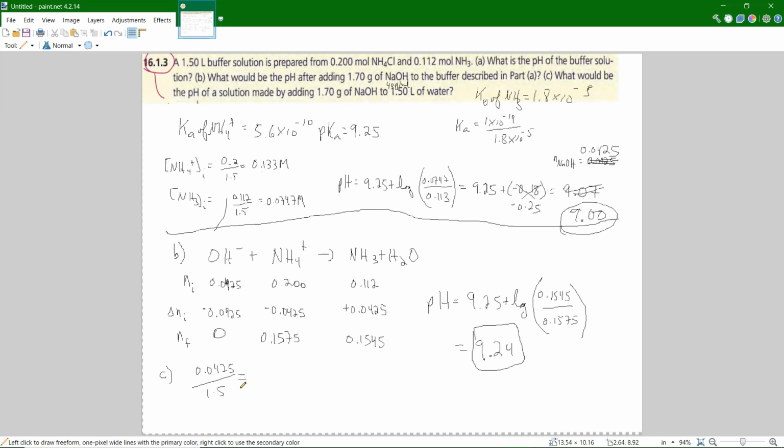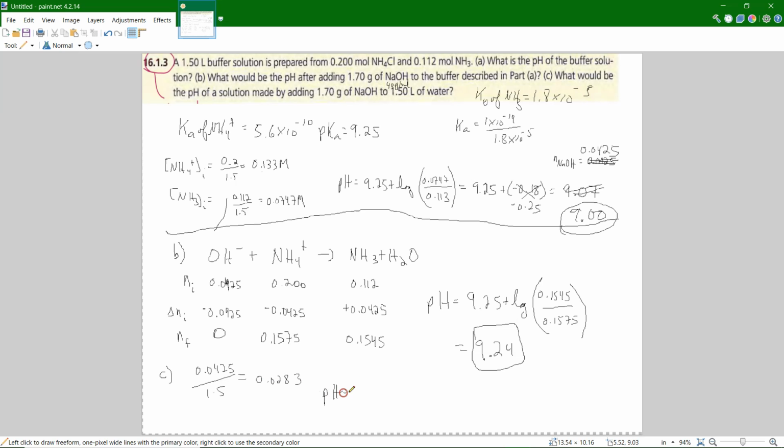So 0.0425 divided by 1.5 is 0.0283 moles per liter. And now I can get the pOH, 1.54.